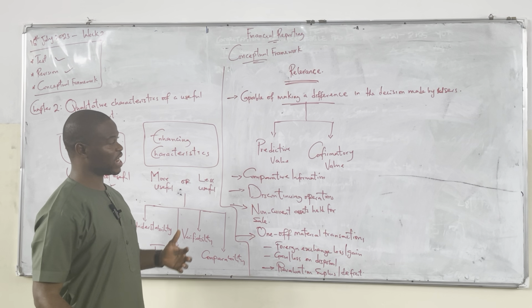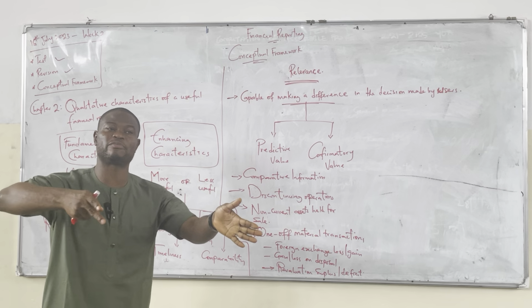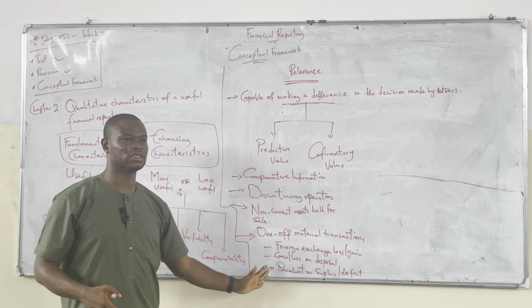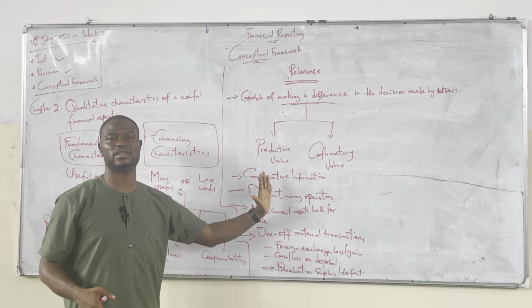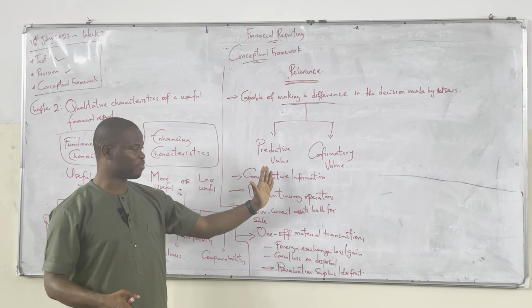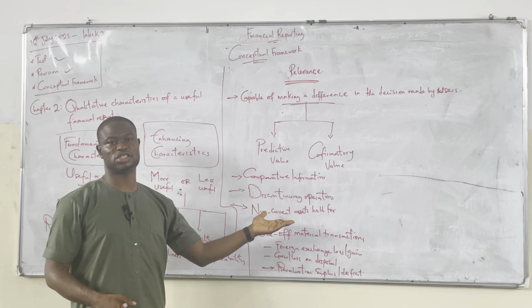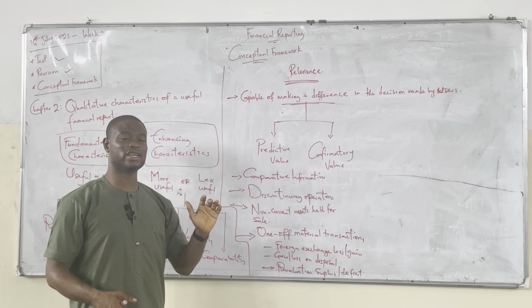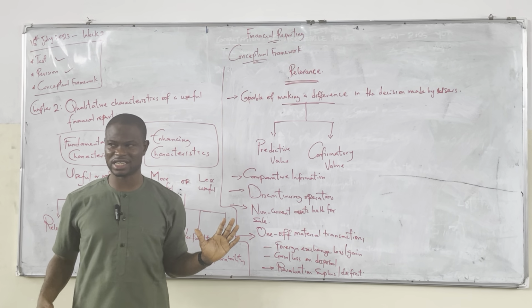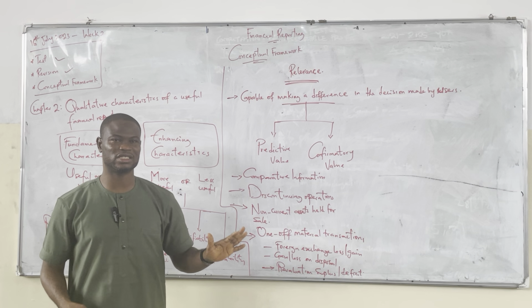So if they ask you how financial information can achieve predictive value, this information must be provided clearly to the users: comparative information, like what my friend said, discontinued operations presented clearly, non-current assets held for sale presented clearly, and one-off material transactions presented clearly.